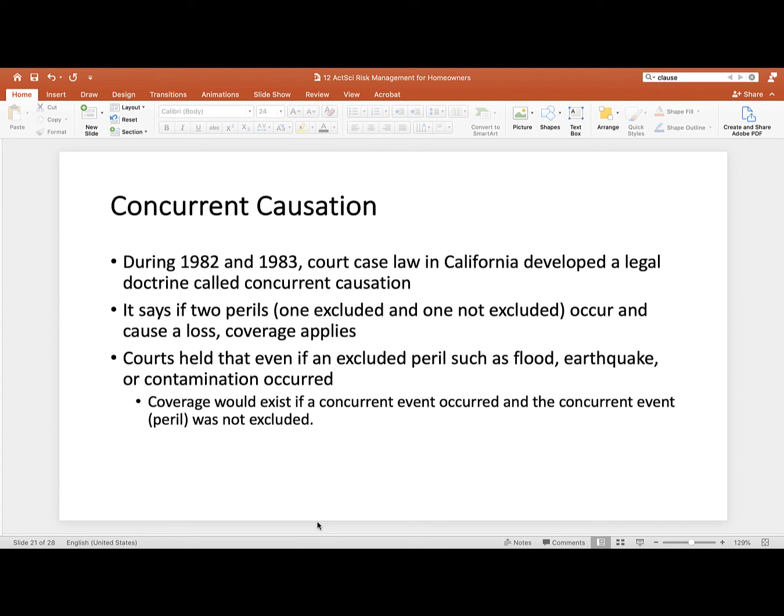If the concurrent causation doctrine applies to the loss, that means the insurer has to pay for all of the damage caused by the wind and the flooding. That's because wind is a covered peril. The damage caused by flooding is covered as well with this concurrent causation doctrine. The insurer must pay the entire loss whether one peril preceded the other or both occurred at the same time. It's kind of interesting.